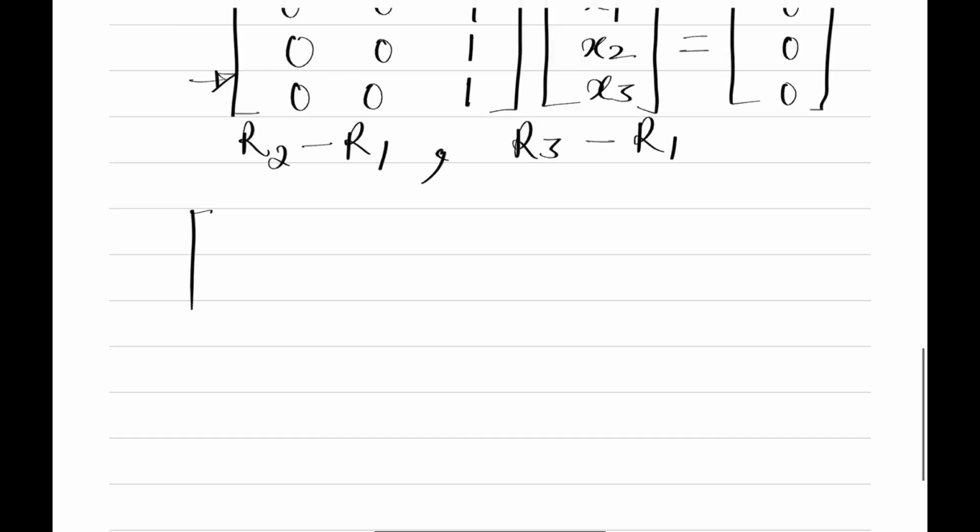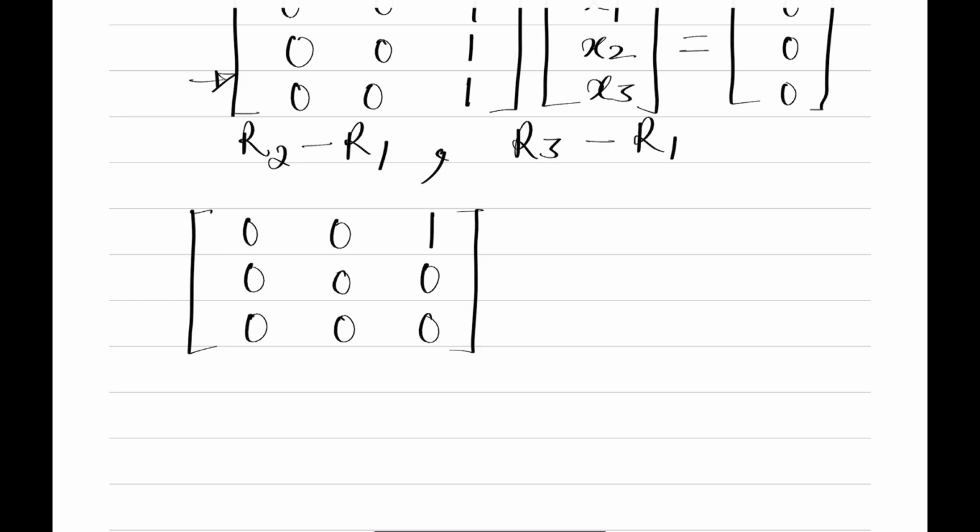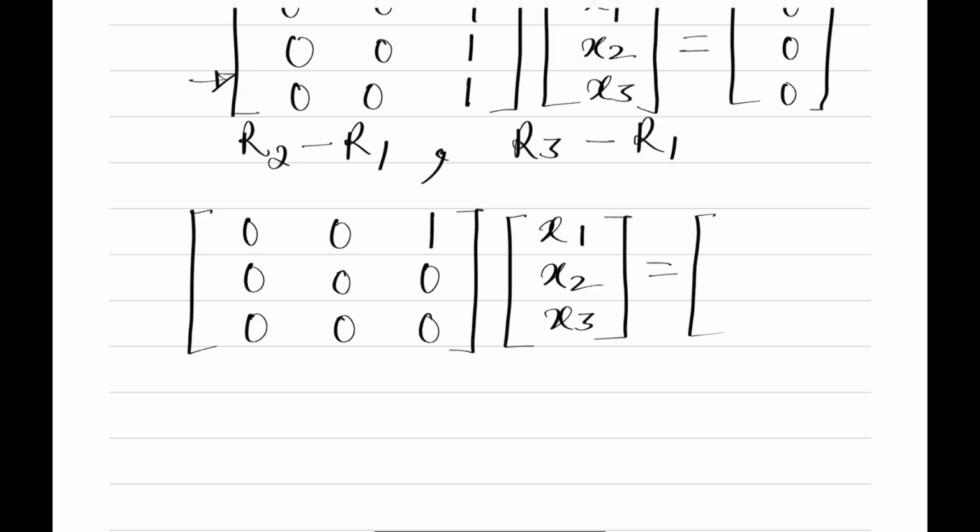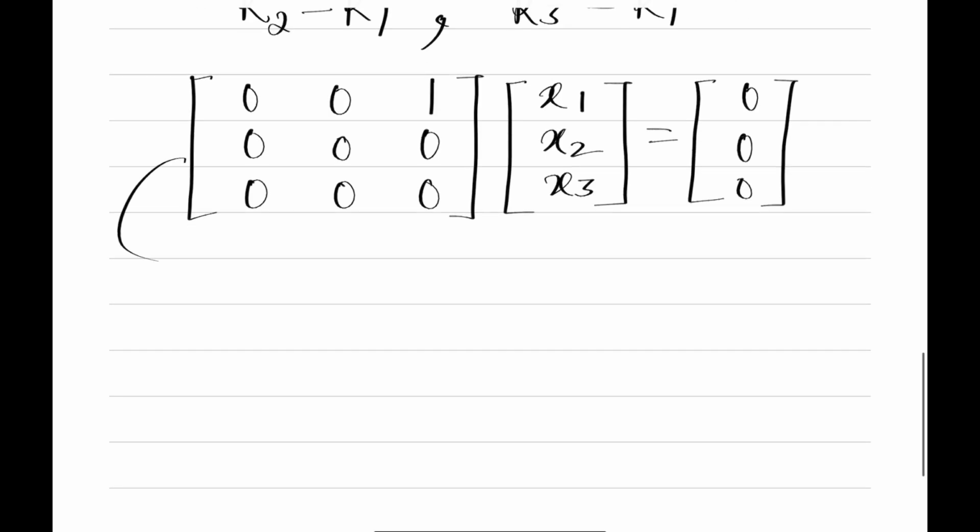Now our matrix will become 0 0 1, 0 0 0, 0 0 0. Our variables are x1, x2 and x3, which is equal to 0 0 0, and finally the rank of the matrix is 1.